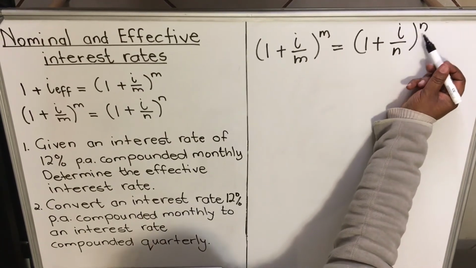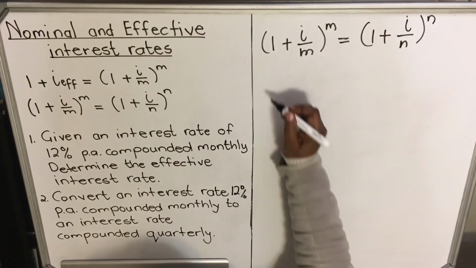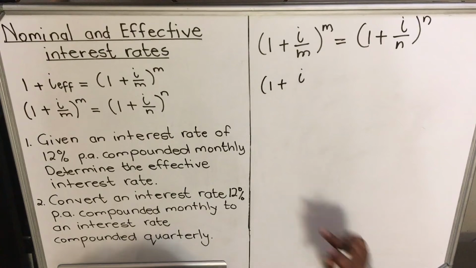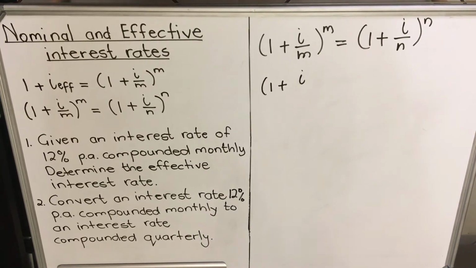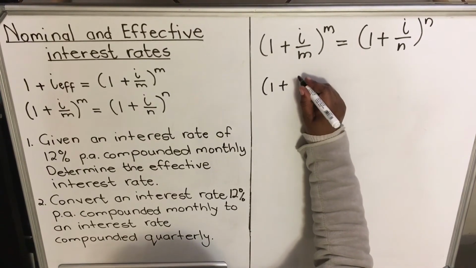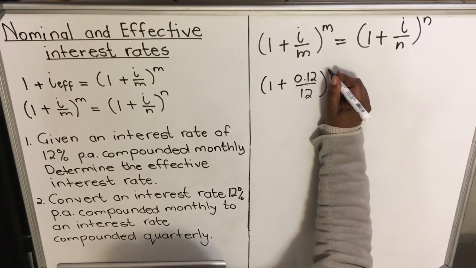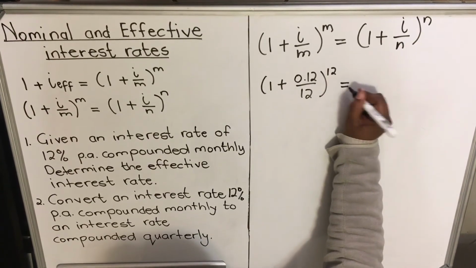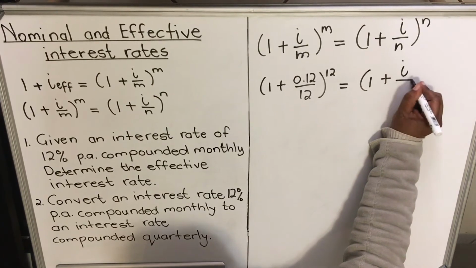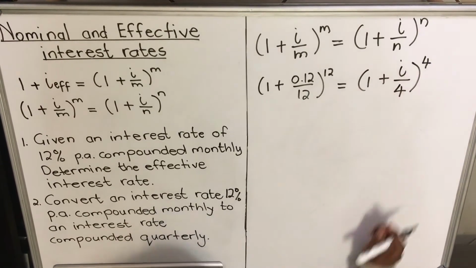We are using a different symbol because it's a different nominal interest. The one that we are given is 12%, compounded monthly. So we're going to have 0.12 divided by 12, and then we have a 12 here, which is equal to 1 plus the one that we don't know, but it's divided quarterly. So we'll have a 4 here and a 4 there.